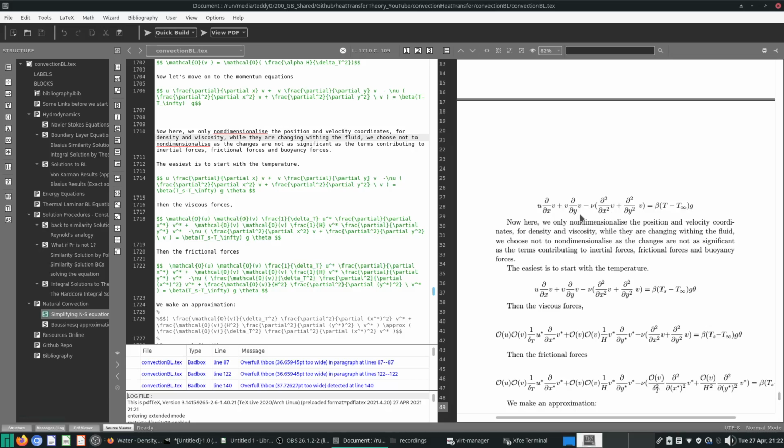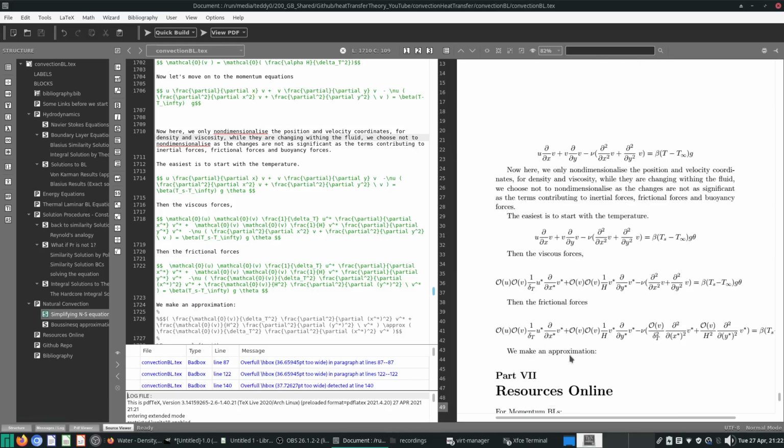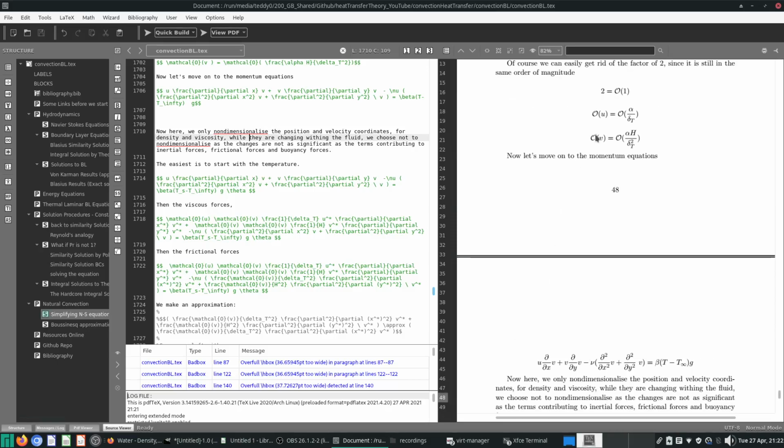Again, for x we'll use the thermal boundary layer thickness to help us non-dimensionalize it. We can use the momentum one as well, but I'm not going to make that differentiation just yet. For y, we're going to non-dimensionalize using h, and of course the u and v velocity, we're going to use these terms here in these brackets.